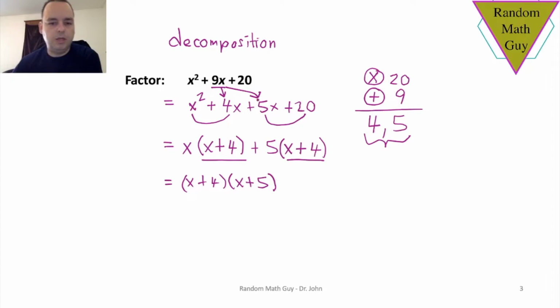I took a while explaining it and hopefully you got the most out of it. But there are things that you're going to notice as we go through this video and there are shortcuts that you can take. For example, the numbers that you chose here, 4 and 5, are exactly the numbers that appear in the answer, 4 and 5.